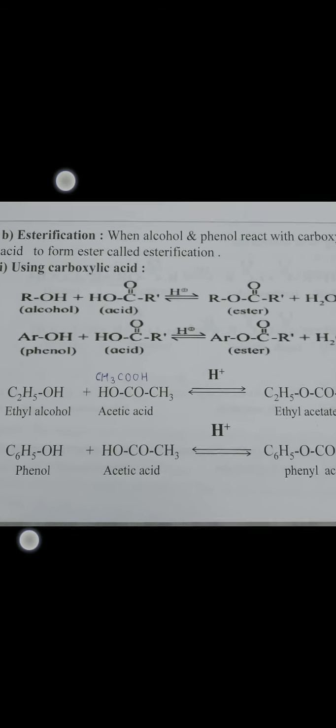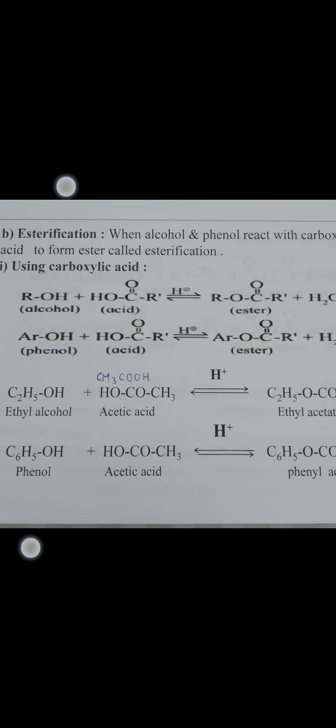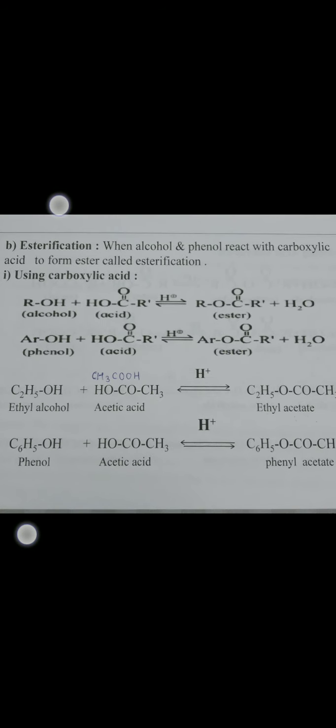Esterification. When alcohols and phenols react with a carboxylic acid to form esters, it is called esterification. First, esterification using a carboxylic acid. Alcohols or phenols react with a carboxylic acid to form esters. It is a reversible reaction.